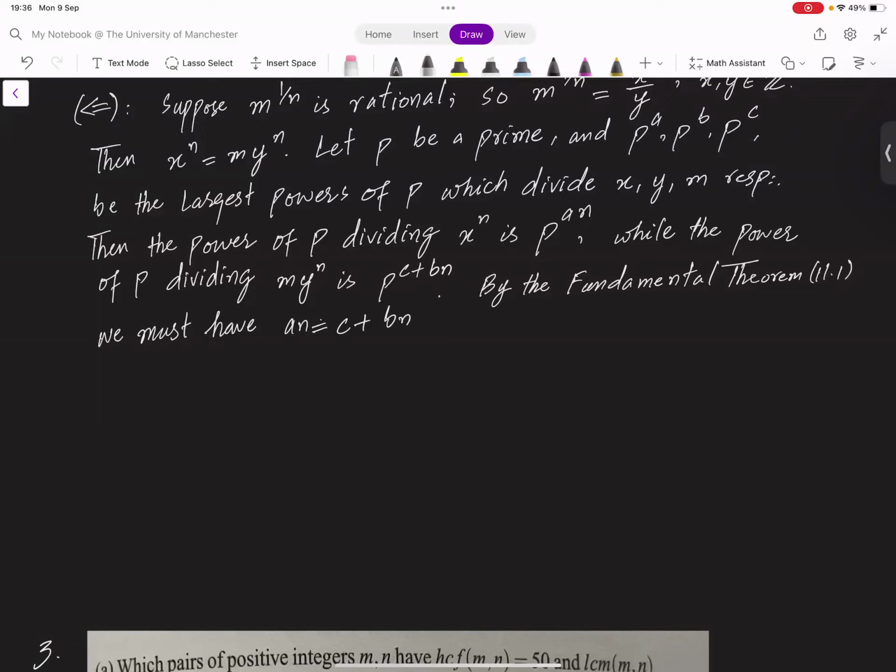Their powers are equal, and hence c is n into a minus b, is divisible by n.